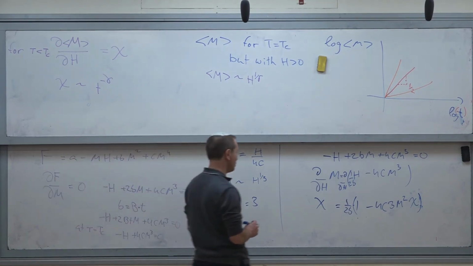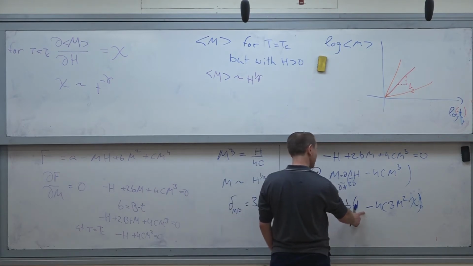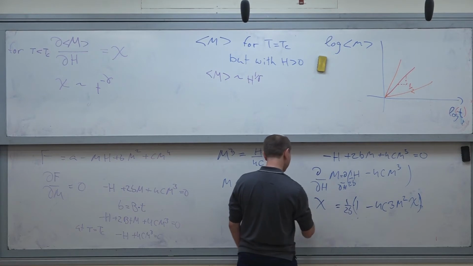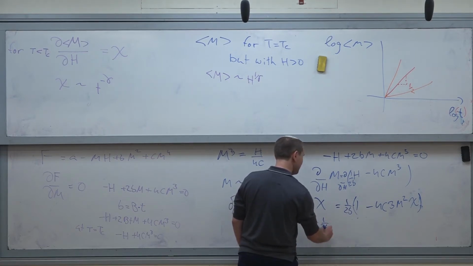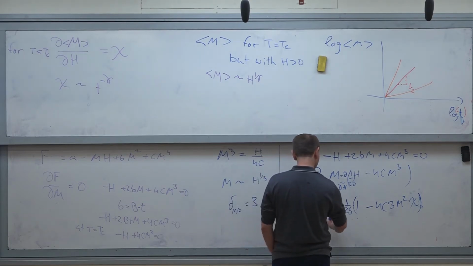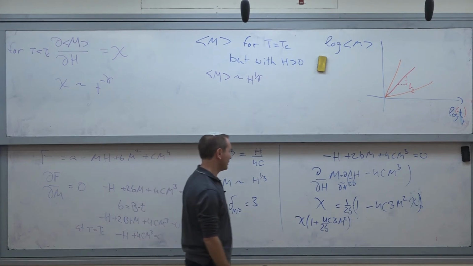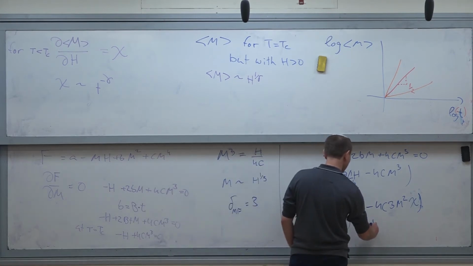So what are we doing next? We have xi times 1 plus 1 over 2b multiplied by 4c 3m to the second power, and all of this equals 1 over 2b.